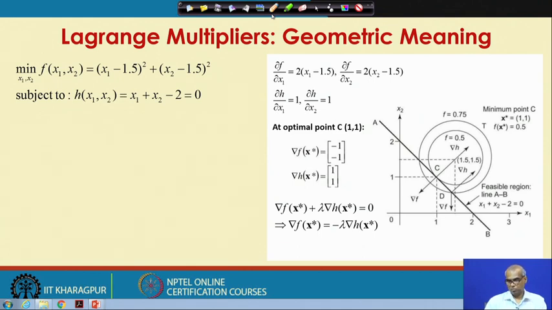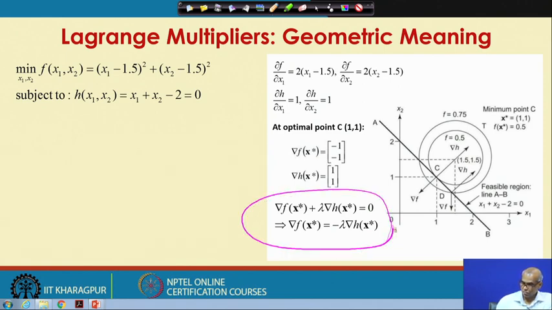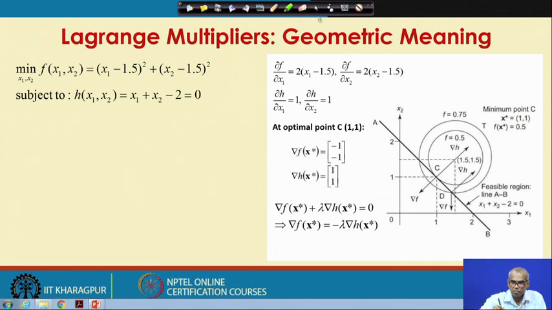Now, what are the necessary conditions for optimality using Lagrange multipliers? This we have learnt in the previous slide.